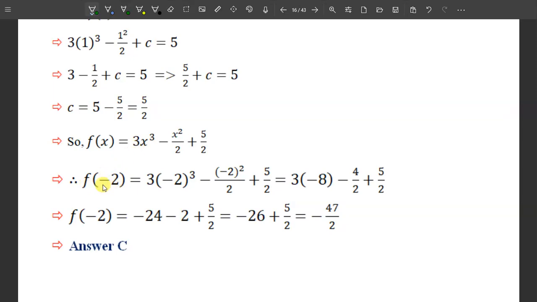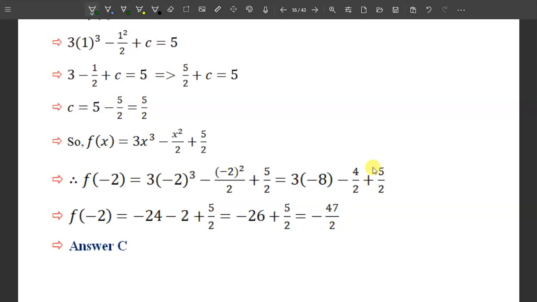So f of minus 2 is 3 times minus 2 cubed minus minus 2 squared over 2 plus 5 over 2. Then minus 2 cubed becomes minus 8, and minus 2 squared over 2 means it is 4 over 2, plus 5 over 2, and then 3 times minus 8 becomes minus 24.